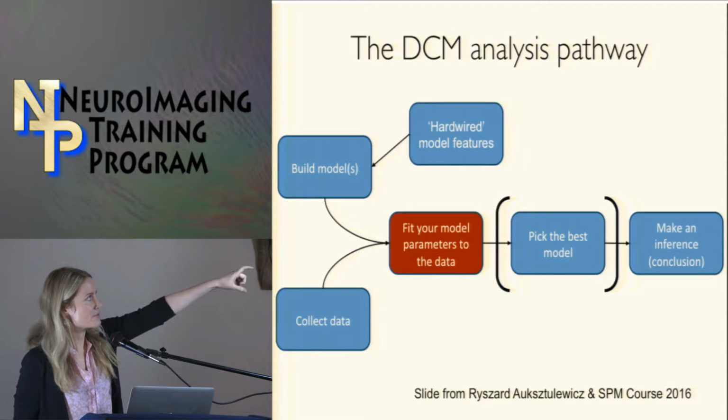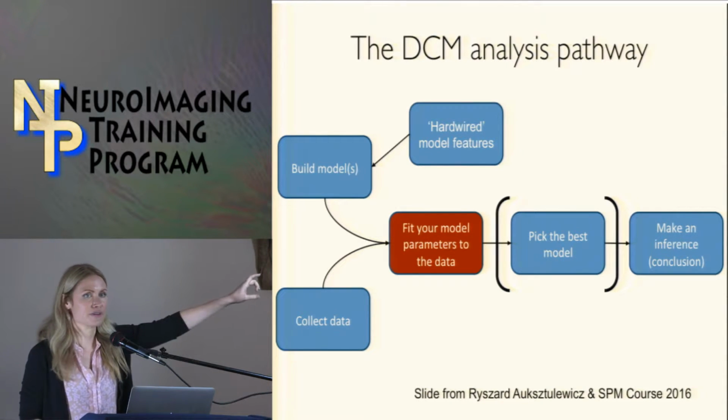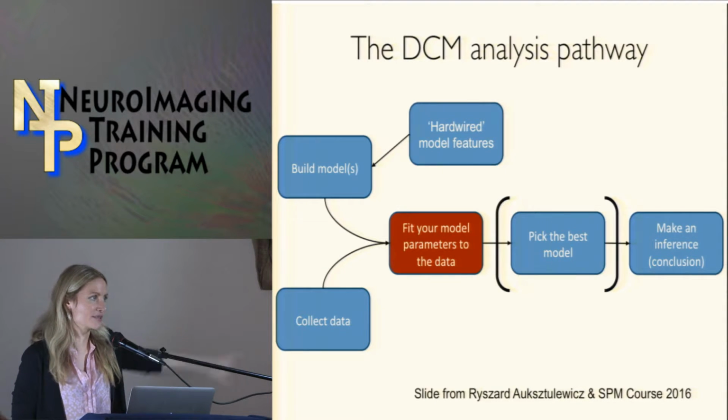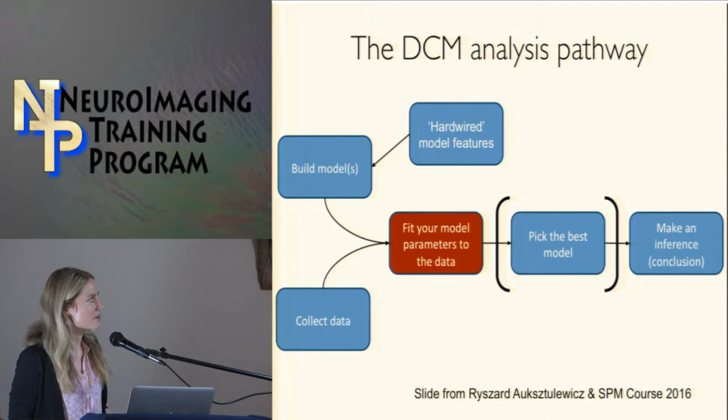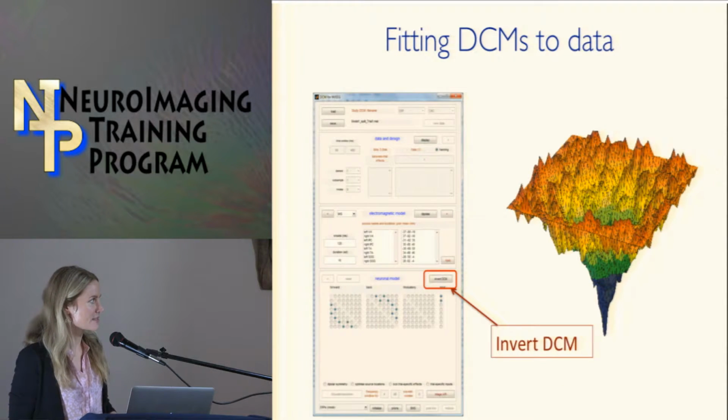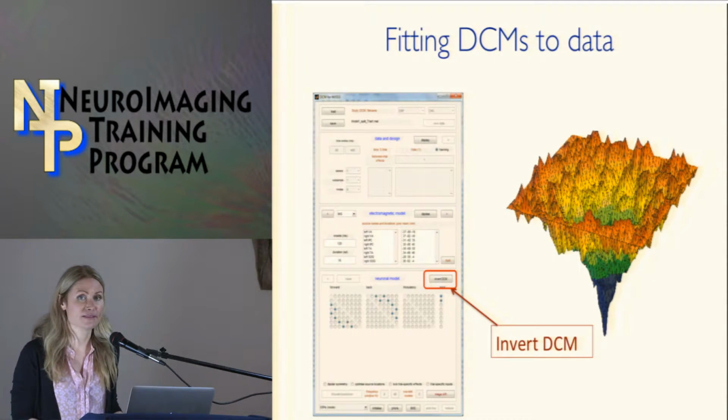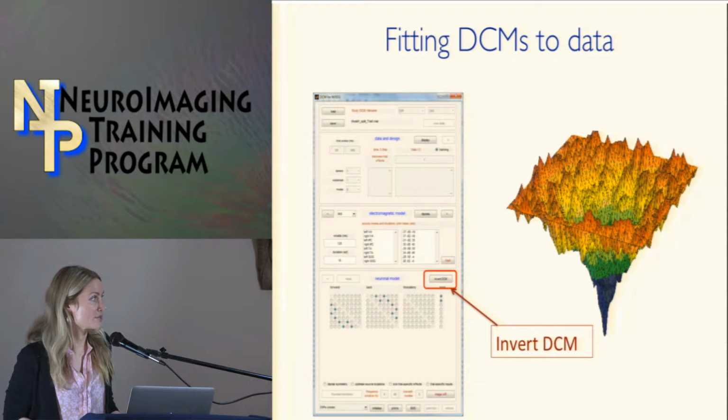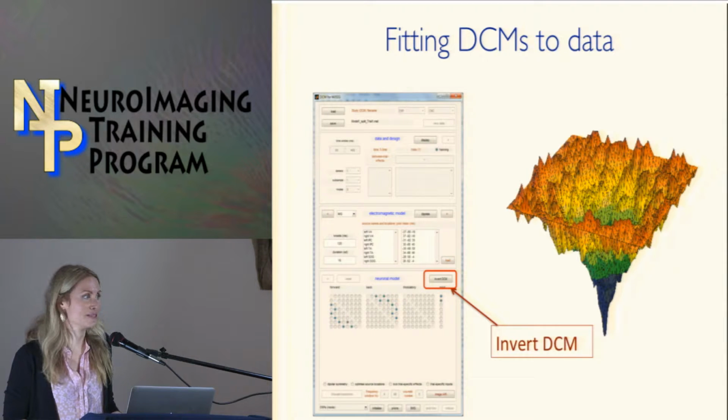So now that you've chosen your measurement model and you've built your different model hypotheses and the different structural architectures that you're going to test, then you want to fit your model parameters to the data. So this essentially amounts to, if you're using the graphical user interface, pushing this button called invert DCM, and that will perform the parameter estimation for you.